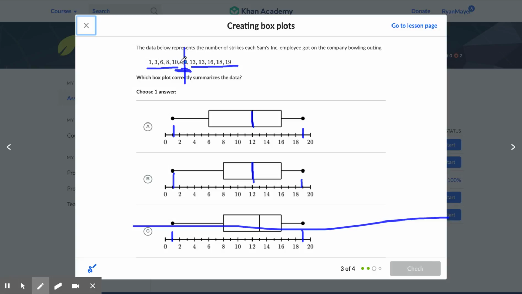The median of the first part is going to be 6. The median of the second is 16. Does this go down to 6? Yes, it does. That goes down to 16. Does this go down to 6? No, it goes down to 8. We need that because the median of our first set of data is 6. It can't be B. So I'm going to go with A.